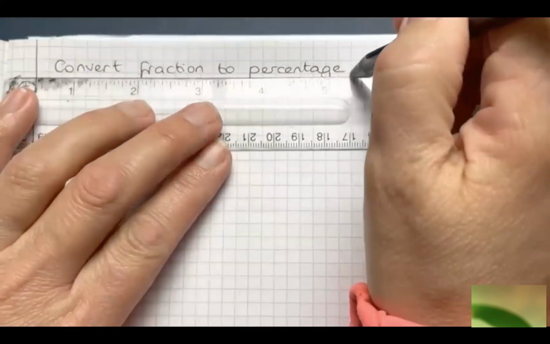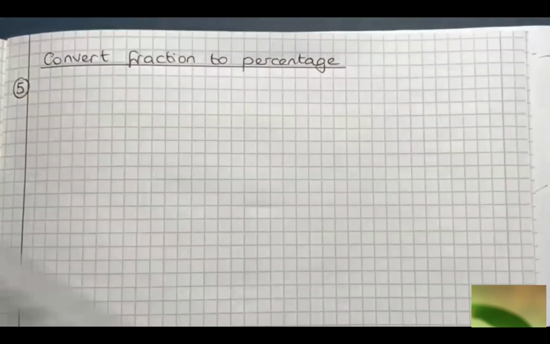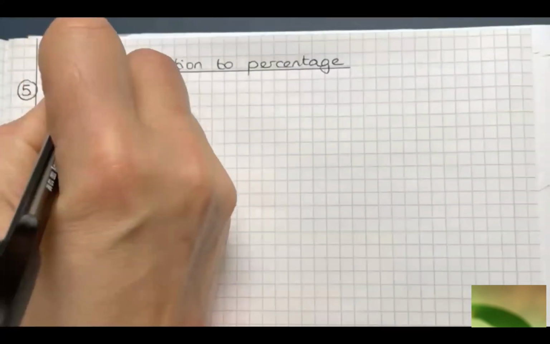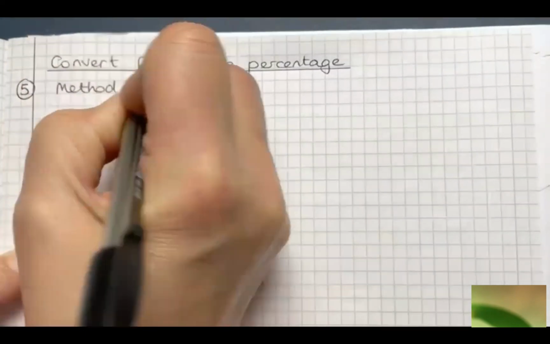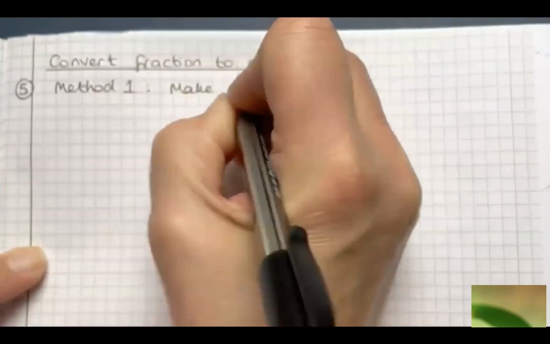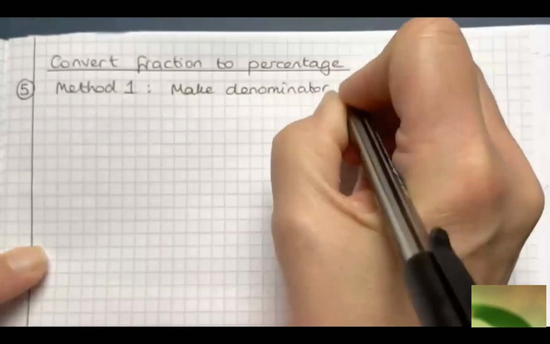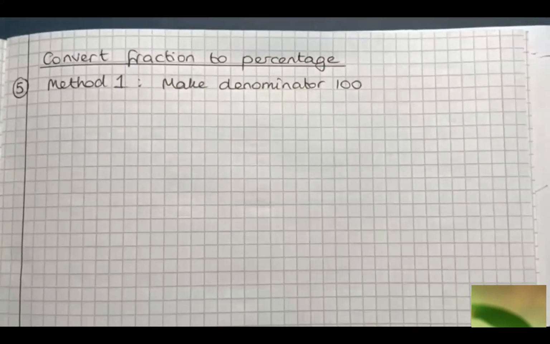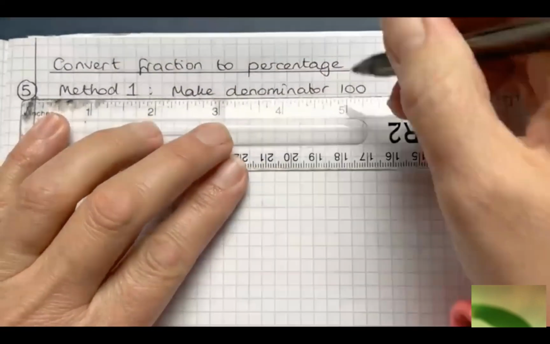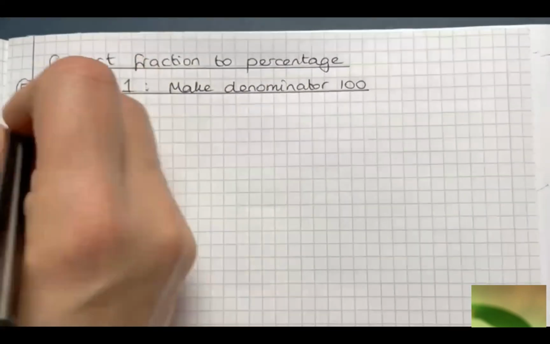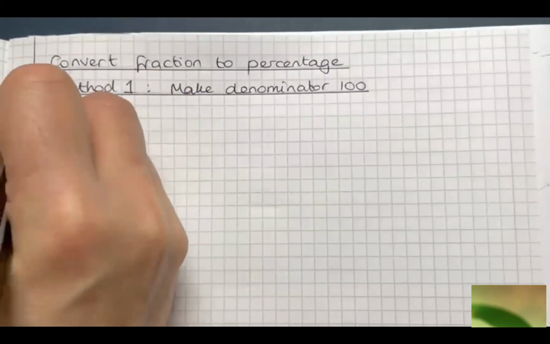Right, so we've talked about making the denominator 100. So I'm going to call that method 1: make the denominator 100. And we know that we're going to achieve that by using equivalent fractions. So let's look at this, question 5.